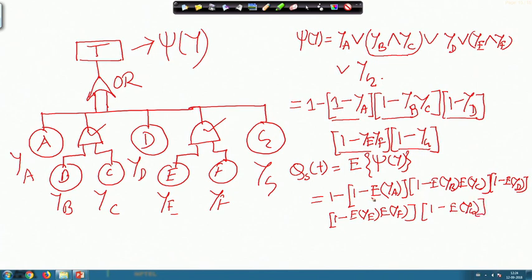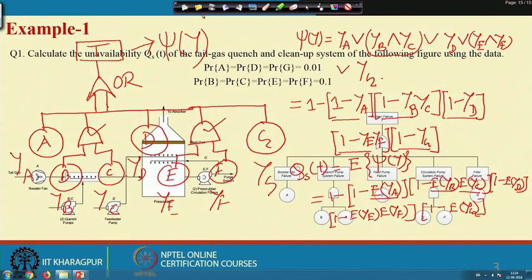Now, the expected values of y e, y b, y c are nothing but the probabilities that are given in the question. So, if we go to the question, we can see that the probability of A is 0.01, D and G are the same, and the probability of B, C, E, F is 0.1.